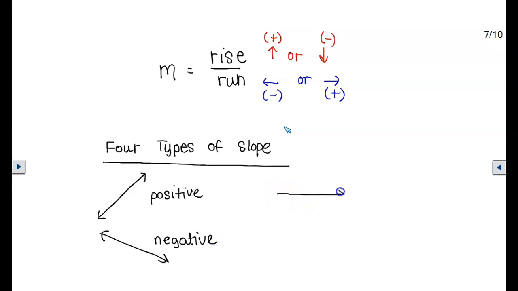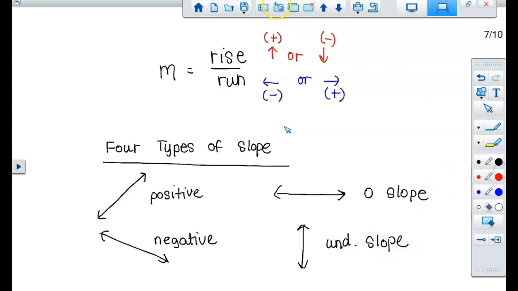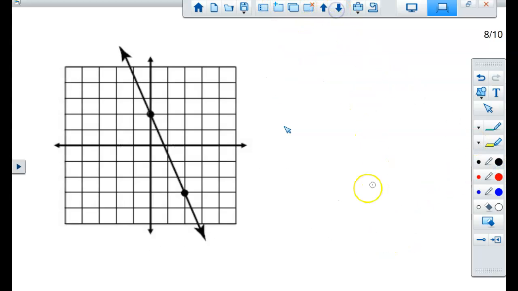Lines that are horizontal have 0 slope, and lines that are vertical have undefined slope. All right, so let's do just a couple more problems to be sure you got it.